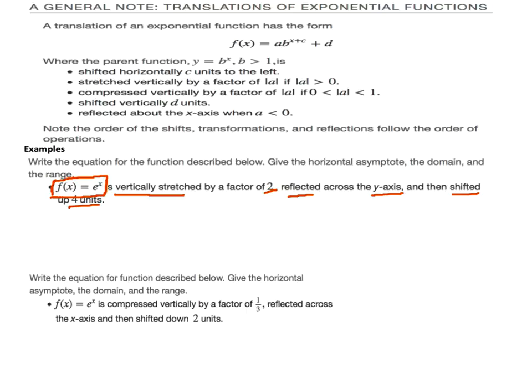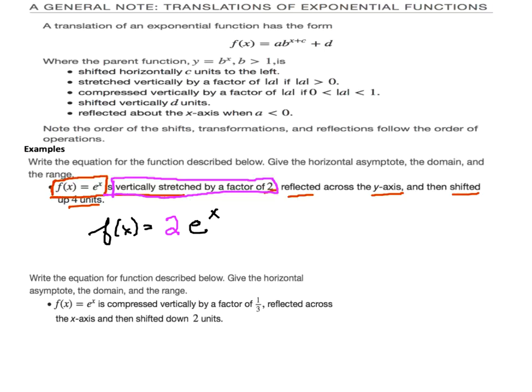Okay, so we start out with our parent function, e to the x power. And I'll color code each of these transformations. So we're going to vertically stretch by a factor of 2. Vertical stretching happens on the outside of the function.